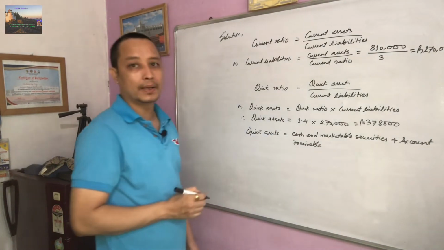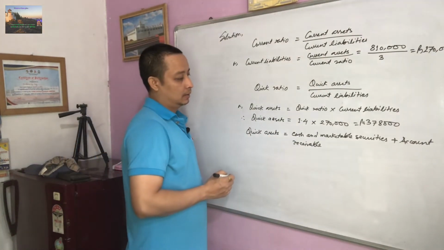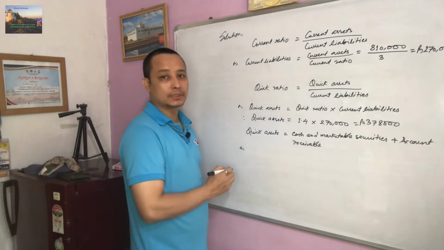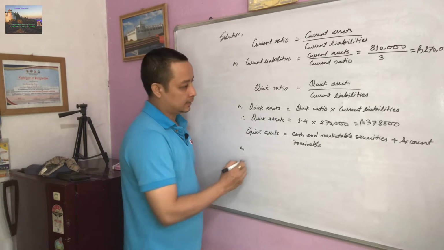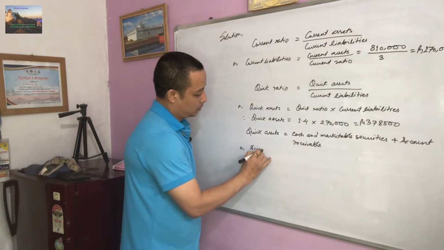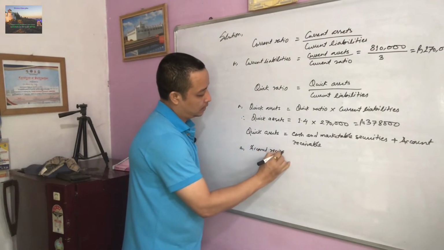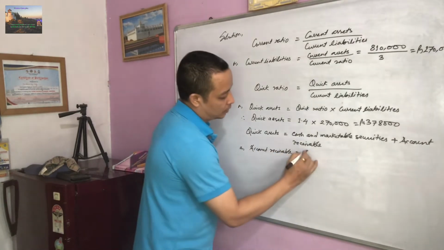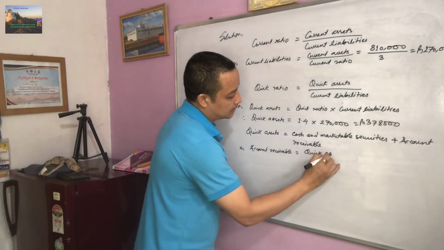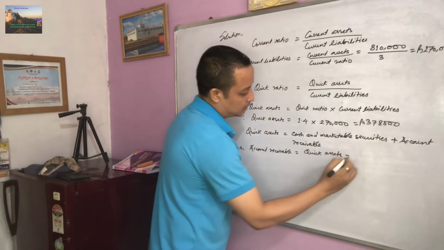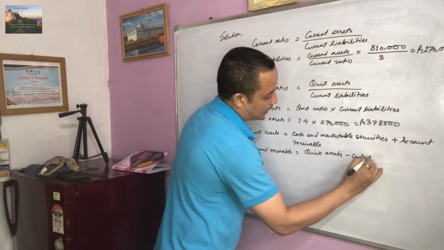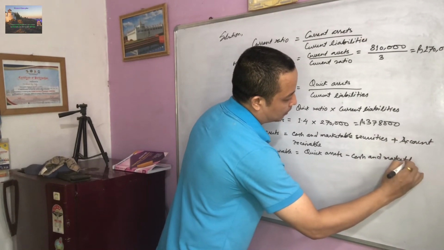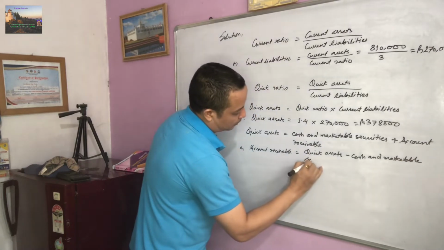Now you can find the value of account receivable by deducting cash and marketable securities from quick asset. So account receivable equals to quick assets minus cash and marketable securities.